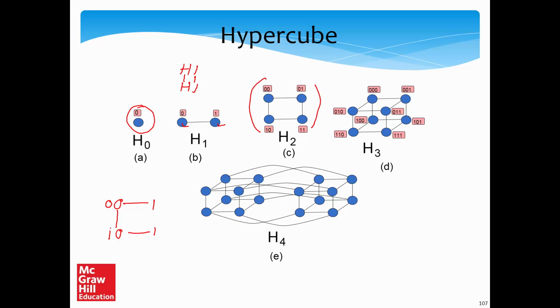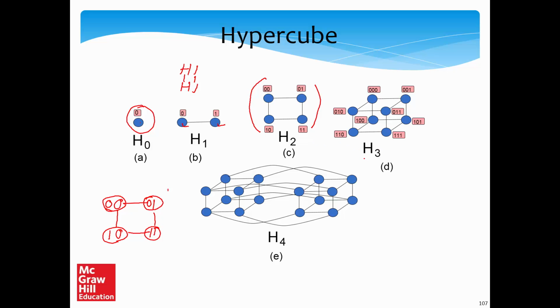Similarly, we connect the other pair, with the same numbering scheme, 0 1 and 1 1. So between any two connected nodes, there is a difference of only one bit. 0 0 is connected to 0 1 or 1 0. Similarly, between 1 0 and 0 0 or 1 0 and 1 1, there is also a difference of one bit. So we'll generalize this concept.